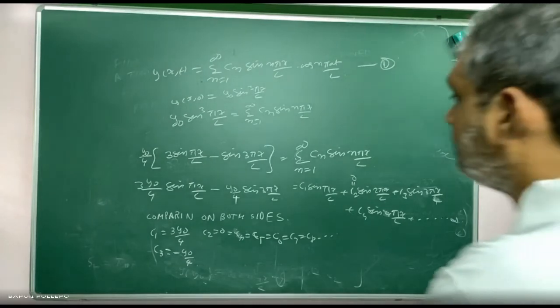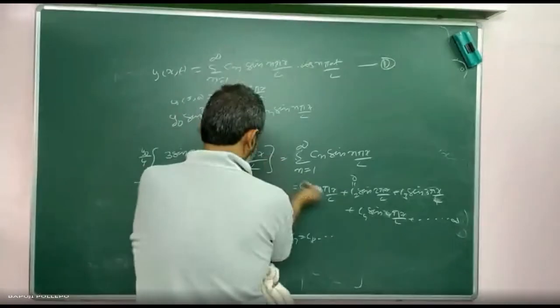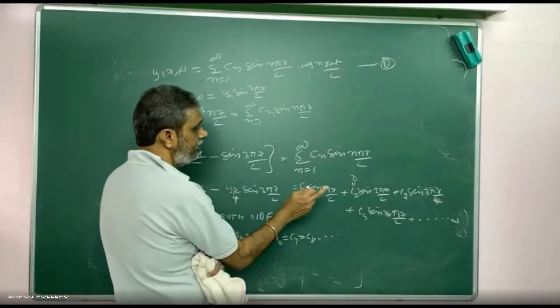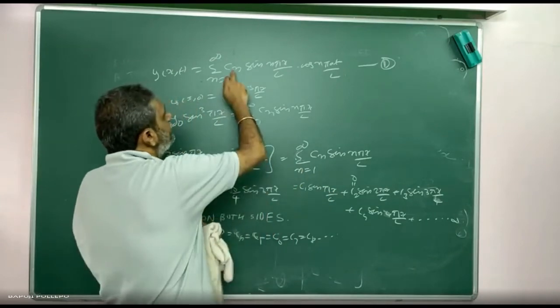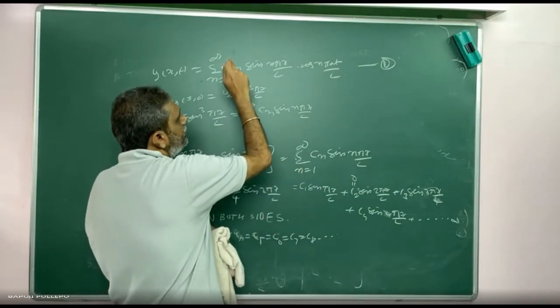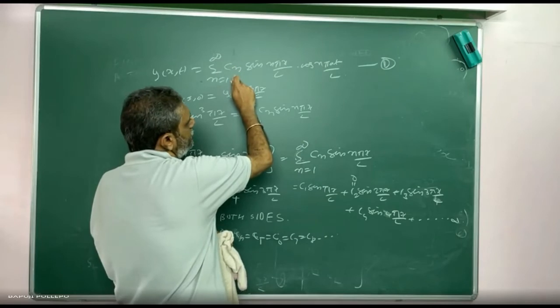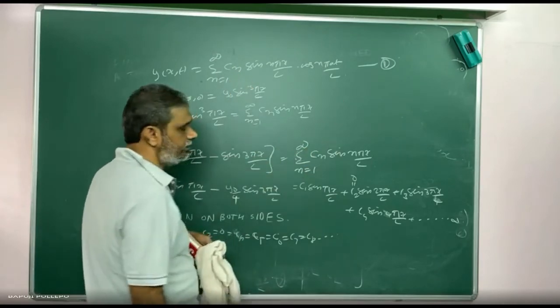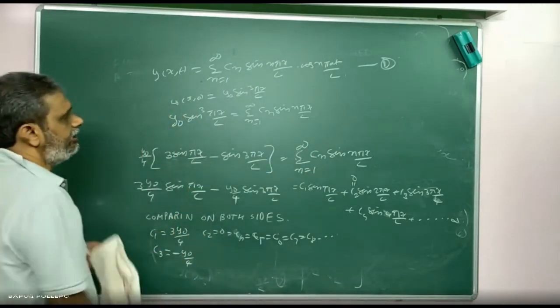Now, from this infinite series, what you understand is that only C1 and C3 stand in the general solution, and the remaining are zero. Now you can write the solution. Clear? Copy down fast.